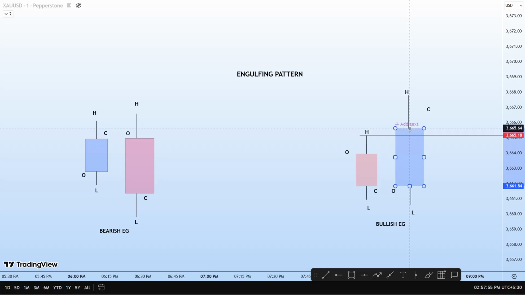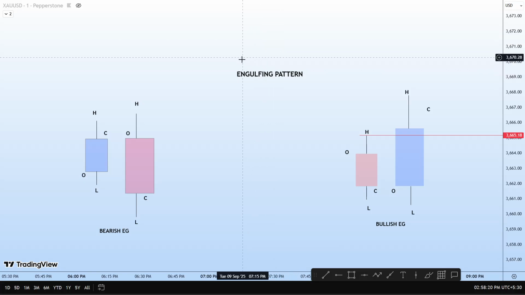Once again, a bullish candle's low has to be engulfed with the body closer of a bearish candle; that will be considered a bearish engulfing. And when the high of a bearish candlestick is engulfed with the body closer of a bullish candle, it is considered a bullish engulfing.